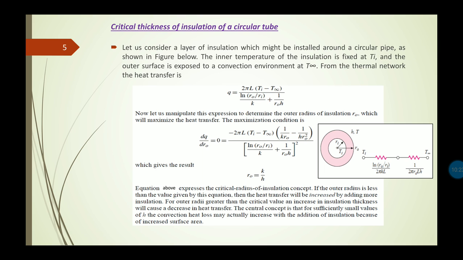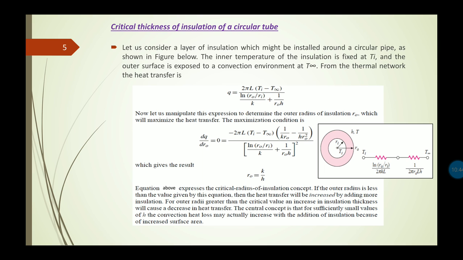This equation can be used to determine the outer radius of the insulation, Ro, which will maximize the heat transfer. The maximization condition is dq/dRo equals 0. This is the condition for maxima or minima, which we know from our mathematical concept.